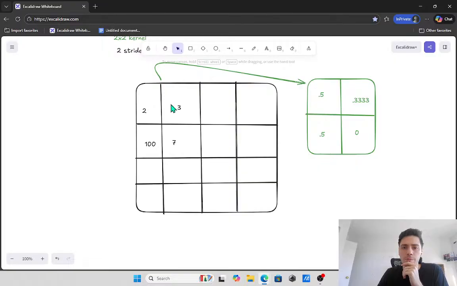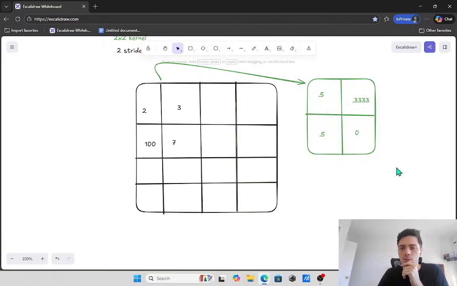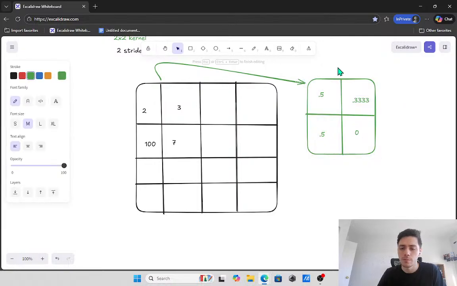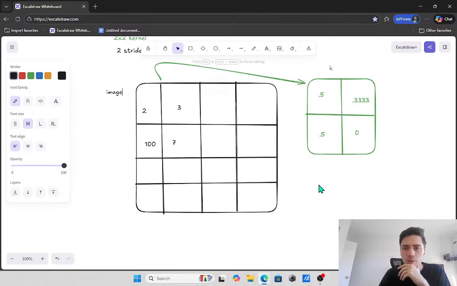Okay, so we basically have this matrix, which is the kernel, and we have our actual image. And we'll basically take the kernel and go over this. So let's just do the first iteration.